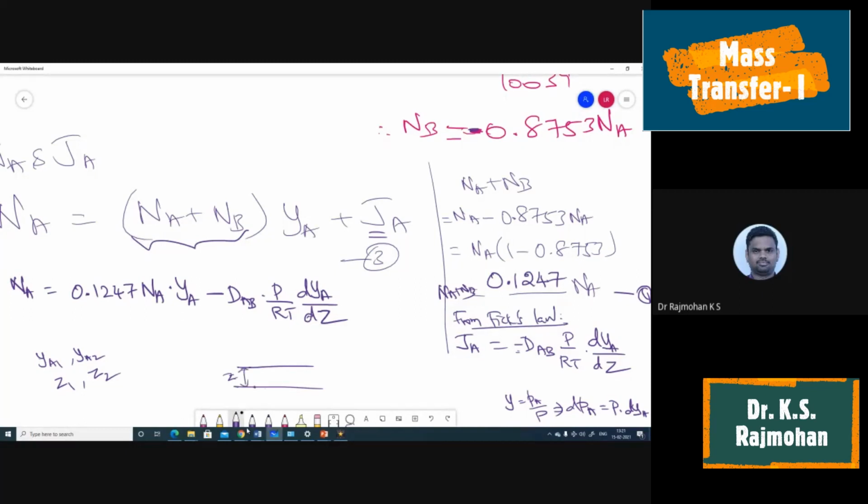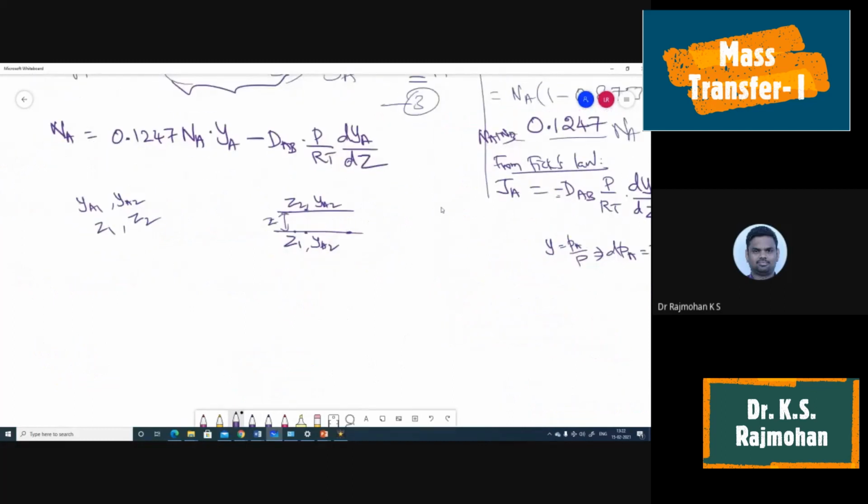What is YA1? First we will derive the expression. Then we will think about what is the YA1 value, what is the YA2 value. At Z1 it is YA1, at Z2 it is YA2. Separating and integrating, you will get expressions. Remember you have NA here, so that should be taken common.